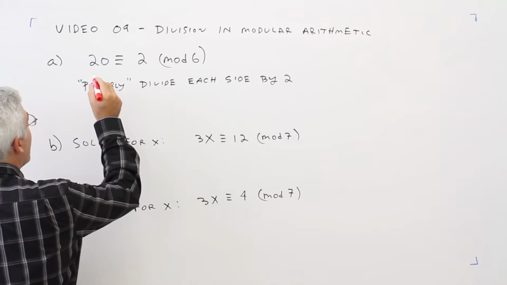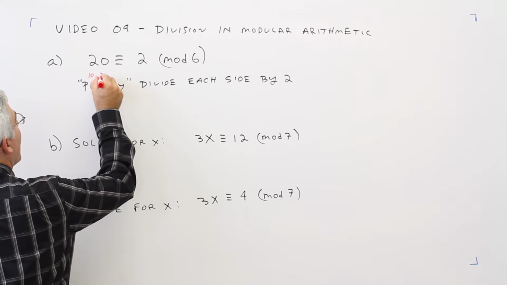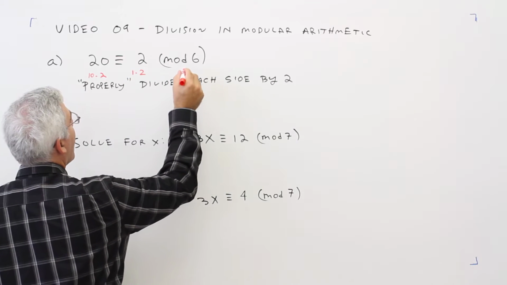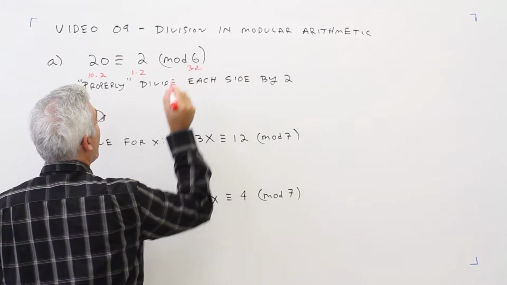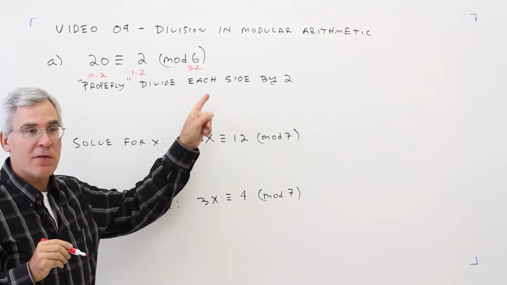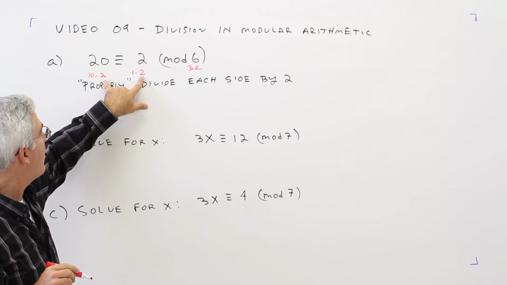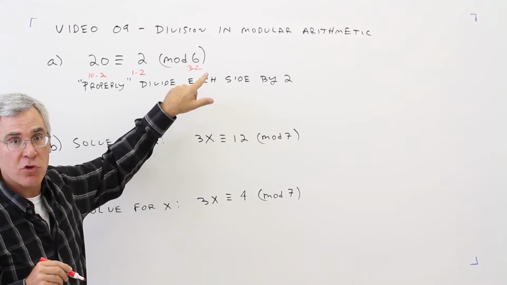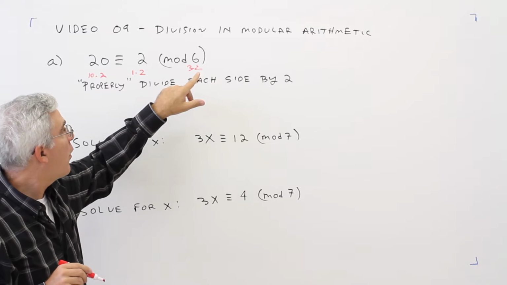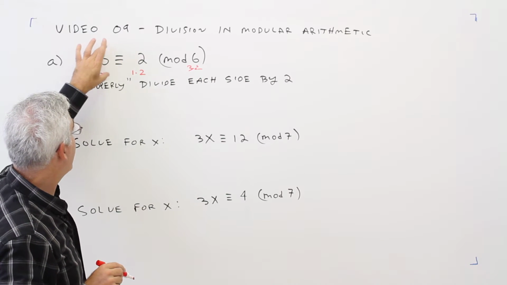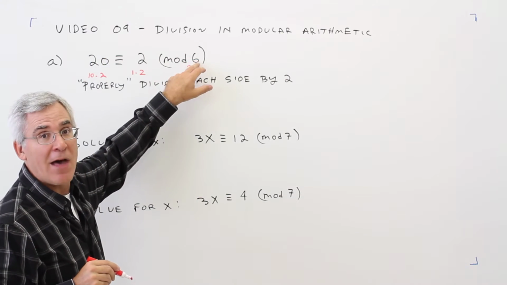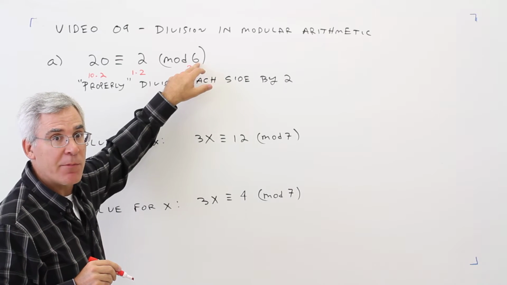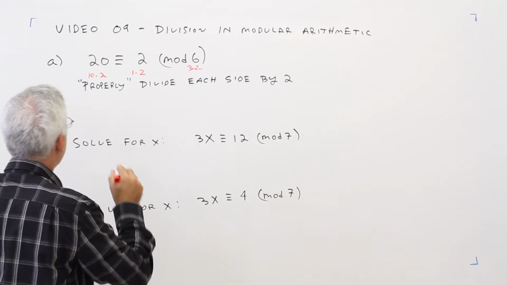So notice this. This is 10 times 2, 1 times 2, 3 times 2. So the greatest common divisor of this factor I'm dividing by in this is 2. So remember, divide by 2, divide by 2, divide the mod by the greatest common divisor, which is also 2.